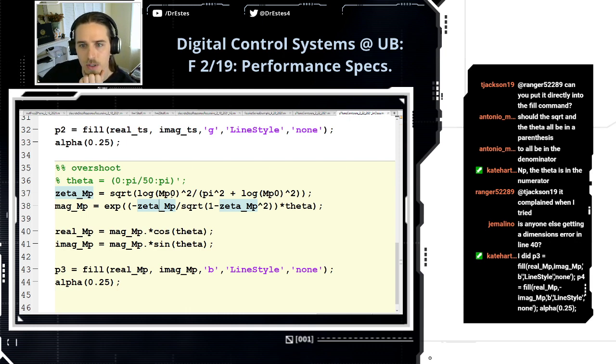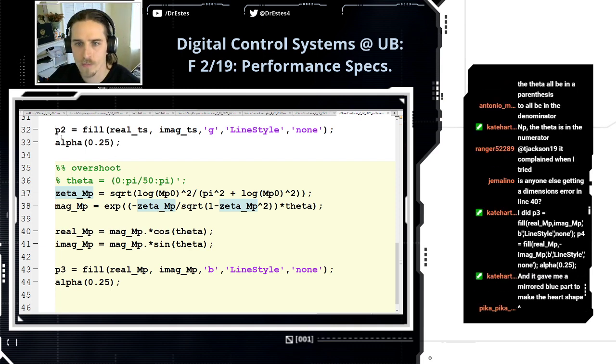I did P3. It gave me a mirrored blue part to make the heart shape. Oh, okay. That's what we need.